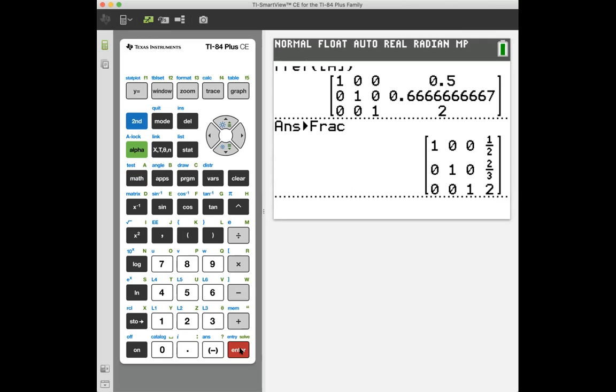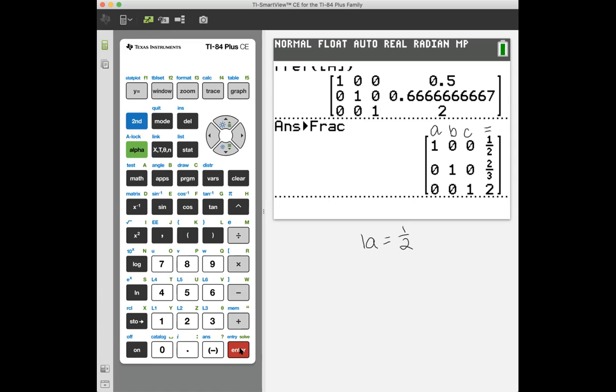Okay, so if we're looking at this, what does this matrix mean? Well, just like before, our rows each have a meaning of a variable. So this matrix came from A, B, C equals, right? So we can take this reduced row echelon form matrix and turn it back into equations. So I have 1A plus 0 equals 1/2.